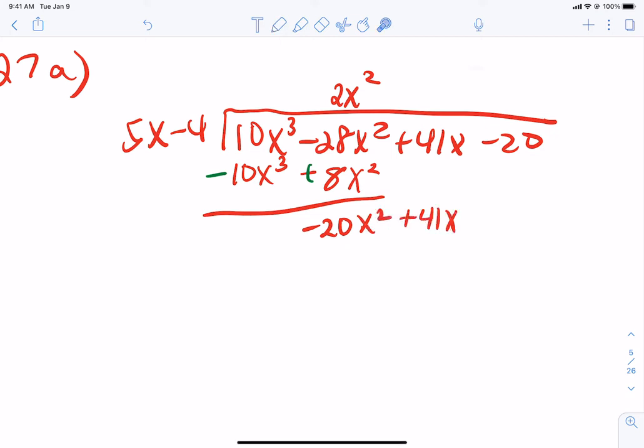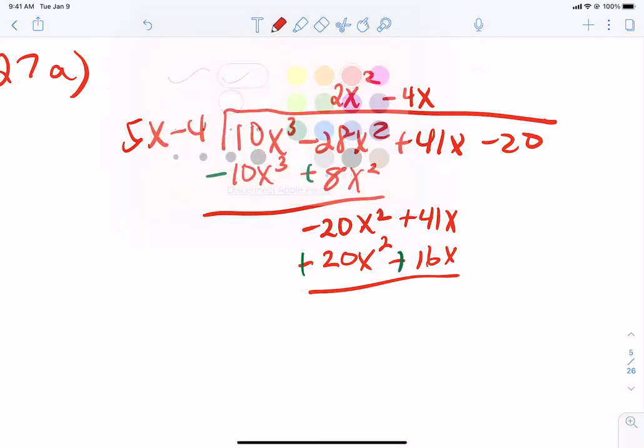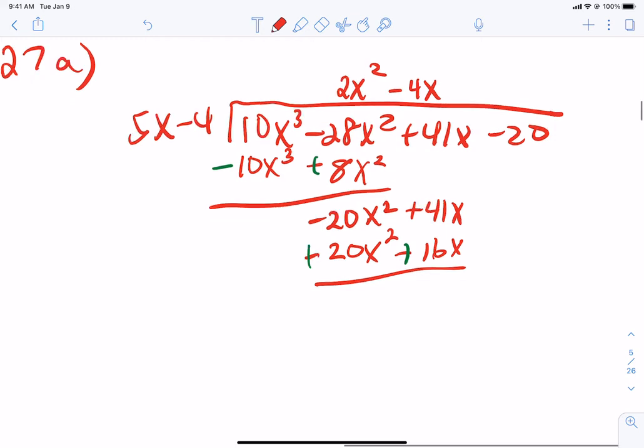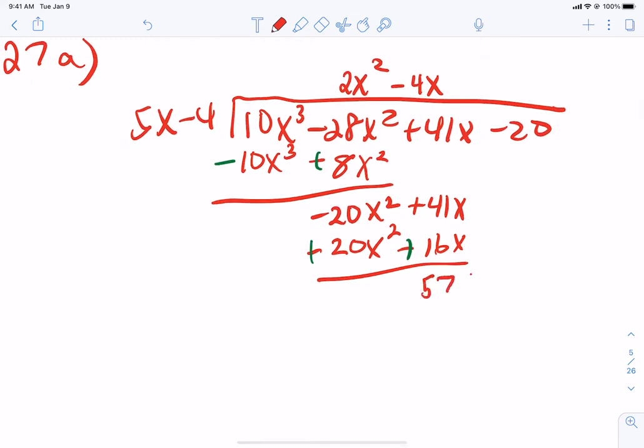Do it again. What times 5x is negative 20x squared? That's going to be negative 4x. We're going to distribute to both. We are subtracting, so change the signs of both. The first term goes away. 41 plus 16 is 57. I think my signs are a little weird here. Wait, let me go back. Thank you.